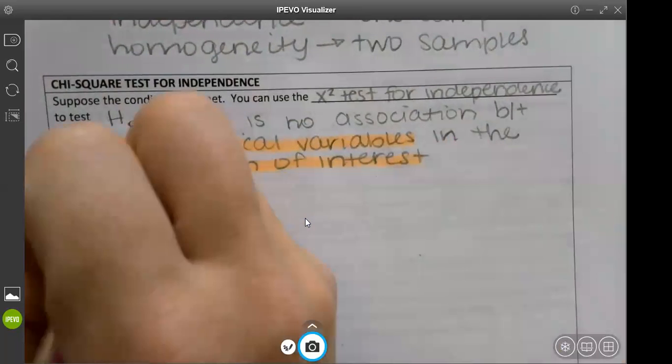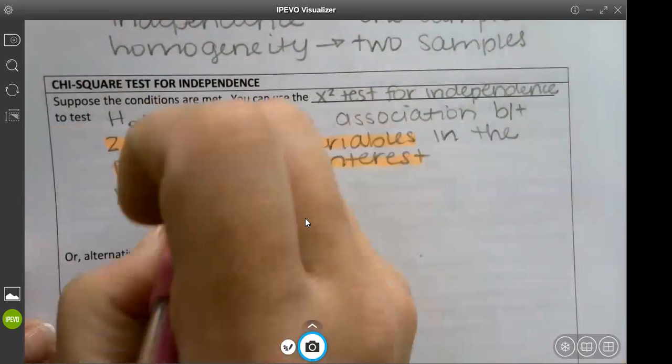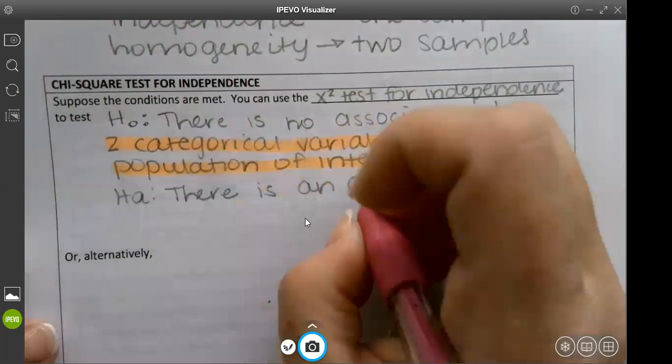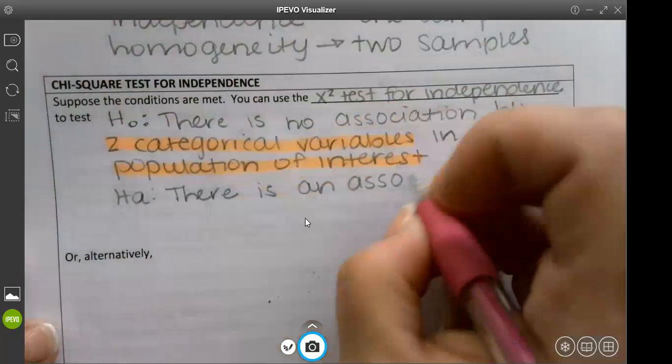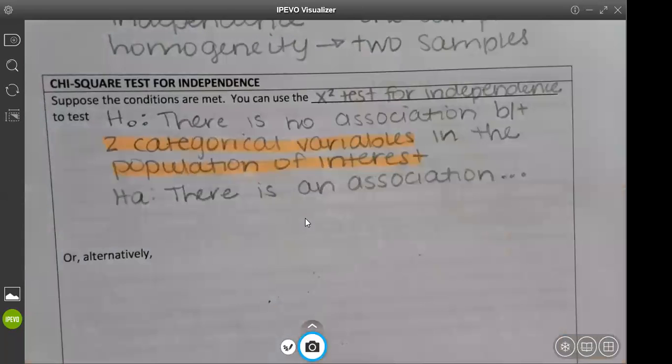And then our alternate hypothesis is the same exact thing, except there is an association. And then all of the rest is exactly the same.